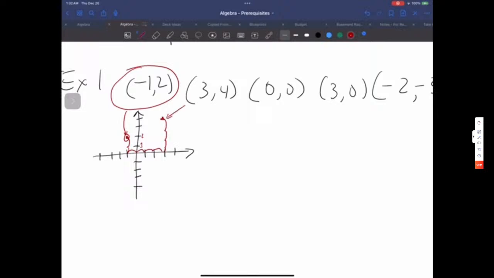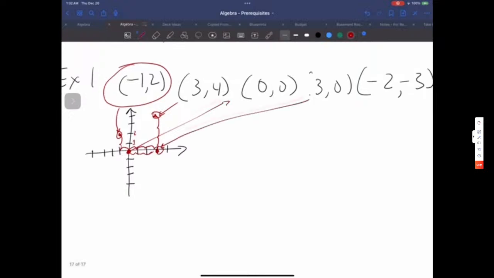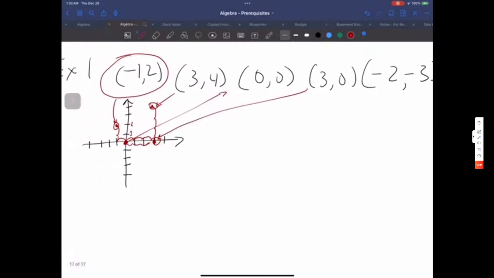This is 3, 4. 0, 0 is the origin, so we know where that one is. 3, 0 is 1, 2, 3 along the x-axis, and then 0 along the y-axis, so nothing up or down, so this is 3, 0. And then -2, -3 is we go -2 in the x direction and -3 in the y direction. So this point would be -2, -3.